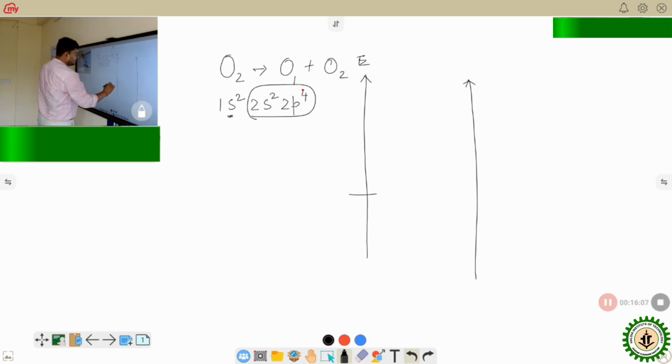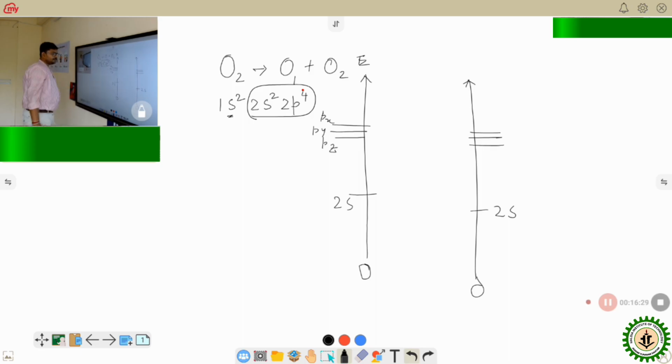Let us say this is my 2s. For this oxygen also we have 2s energy, and then my 2p, which has three degenerate orbitals, px, py and pz. Let us say this is my px, this is my py, this is my pz. So now I place the electrons here.